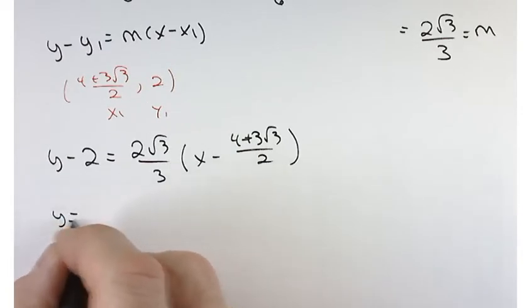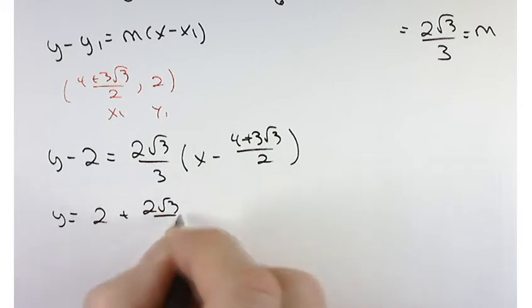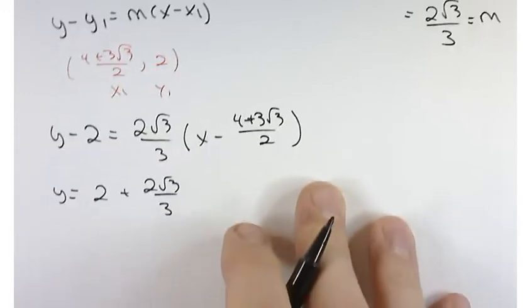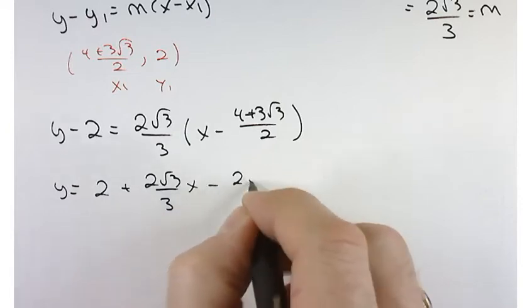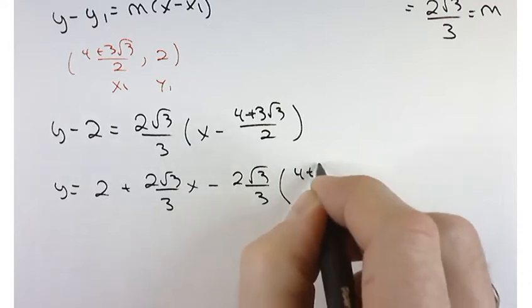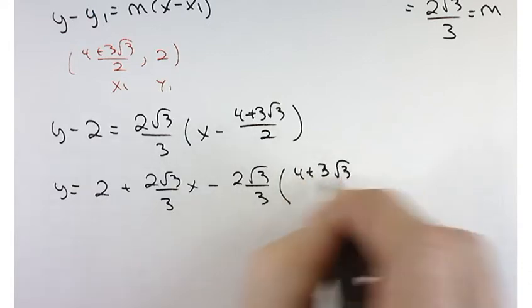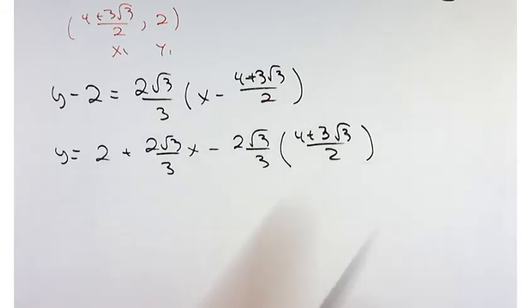So y equals 2 plus 2 square roots of 3 over 3 times x minus 2 square roots of 3 over 3 times 4 plus 3 square roots of 3 over 2. So that's your linear equation representing your tangent line.